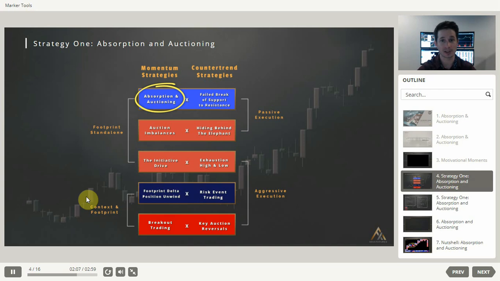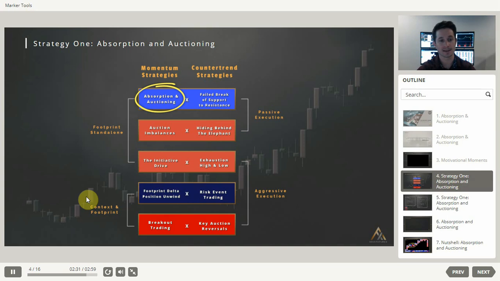But as you'll see, as we go through every one of the strategies, you're going to recognize that knowing these strategies doesn't mean you necessarily have a strategy at hand, but it could assist you in many other ways, i.e. targets, i.e. taking profits, i.e. where to place stops, etc., etc. So knowing these strategies, knowing these principles will aid you in making trading decisions.